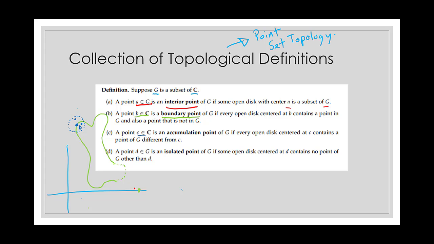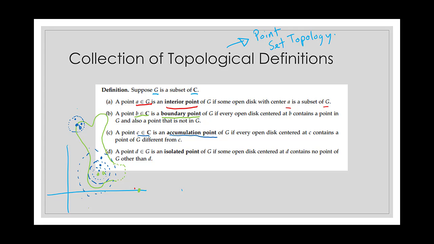An accumulation point C is a point such that every open disk centered at C contains a point different from C. So for instance, let's go back to, forget where A was. Let's say A is down here now. If we take that point A, this will actually be an accumulation point, because no matter what open disk we take, we can take this one, we can take this one, we can even get a little bit smaller, there's always a point that lives inside G that's not equal to A, but it's still within that open disk.